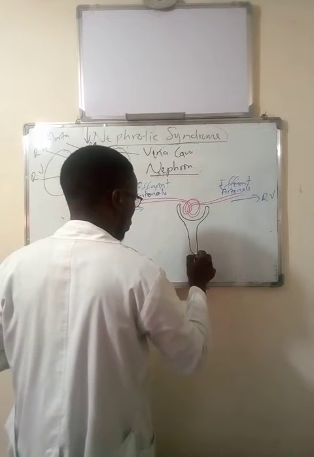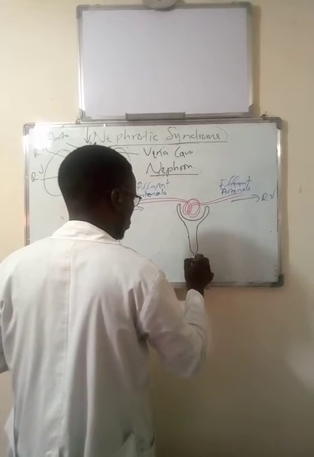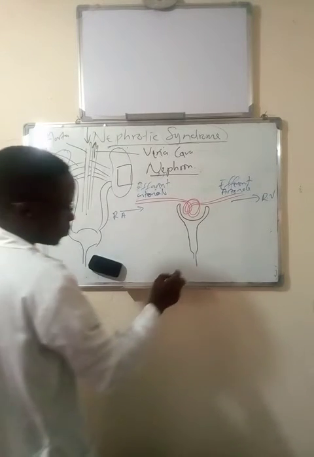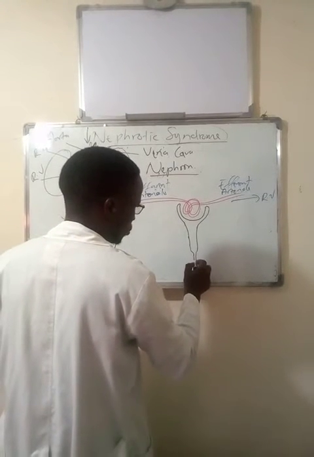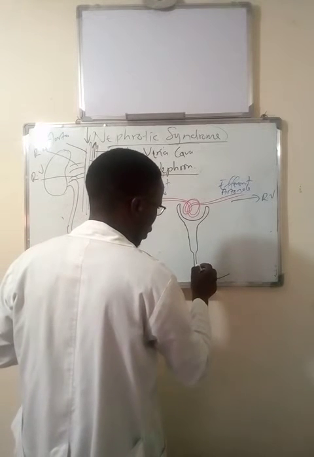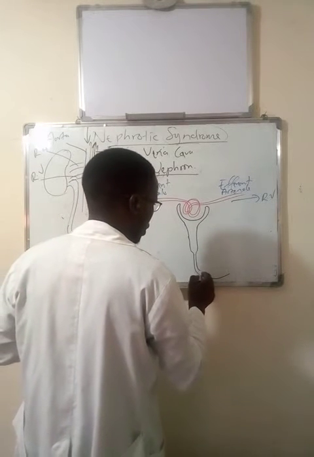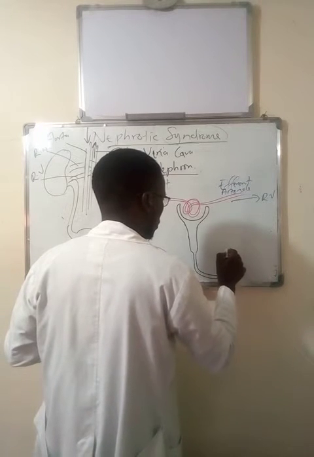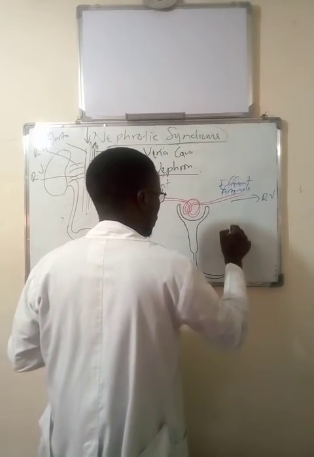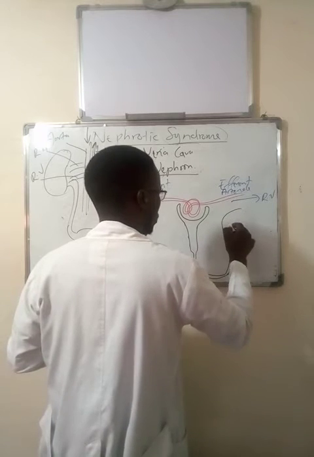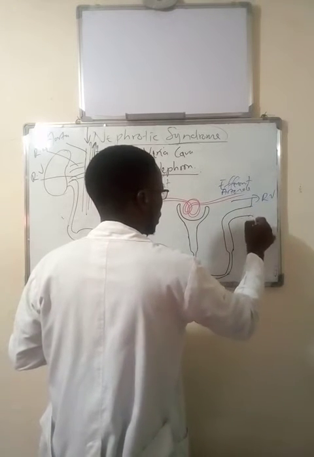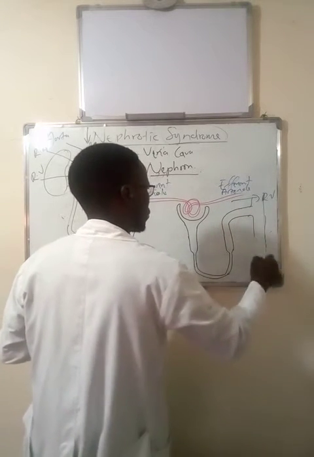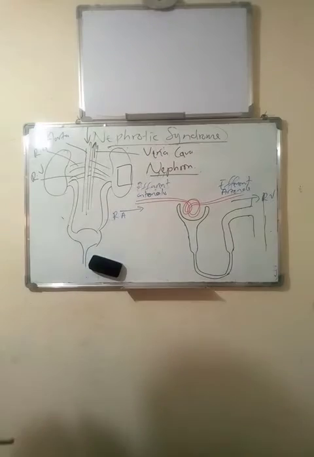You know that we have the proximal and the distal convoluted tubule, and then the loop of Henle. Let me simplify it like that. We have the thick and thin ascending limbs, and then it goes to the collecting duct, until it goes to the ureter.